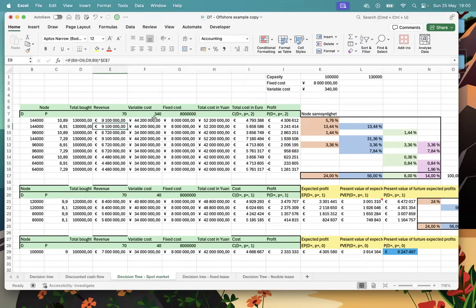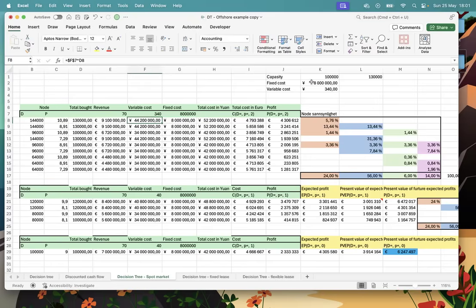Next, we have to do our variable cost. This is the same as before, the total we have produced times our variable cost, or the cost for producing each panel. And this one is stated in yen. As you can see here, this is in euros, but this one is in yen. So this is our variable cost in yen.